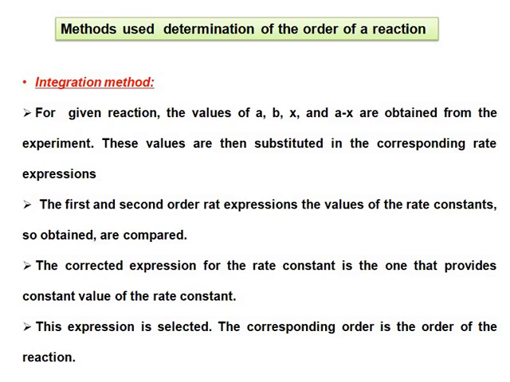The values of the rate constant obtained from the first and second order expressions are compared. The correct expression for the rate constant is the one that provides constant values of the rate constant.